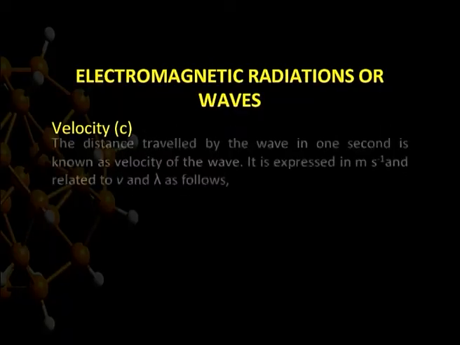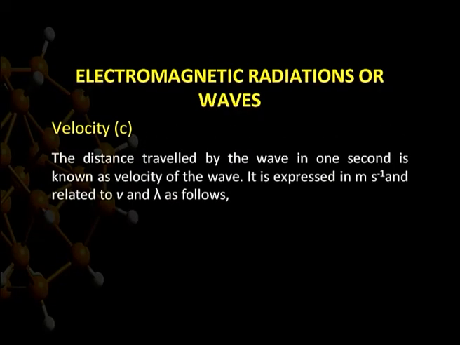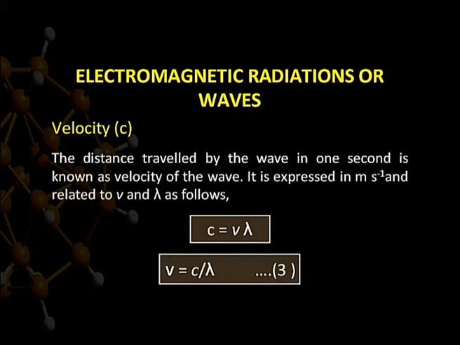Now, I will discuss the velocity, which is denoted by c. The distance travelled by the wave in 1 second is known as the velocity of the wave. It is expressed in meter per second and related to nu and lambda as follows: c is equal to nu lambda, or nu is equal to c by lambda.